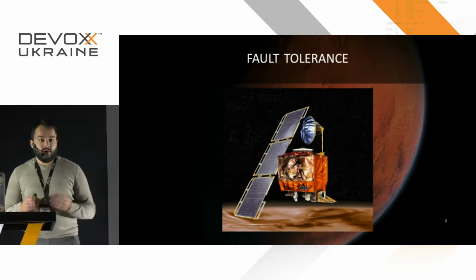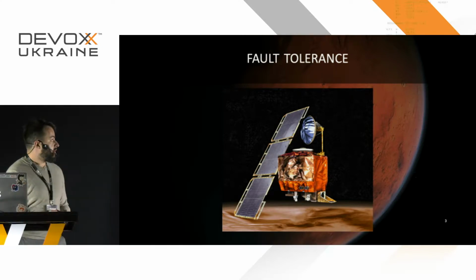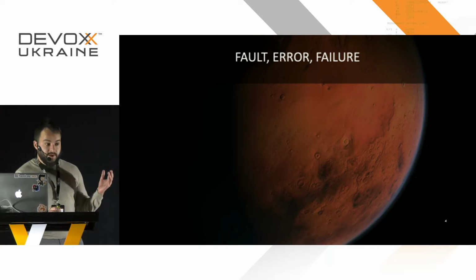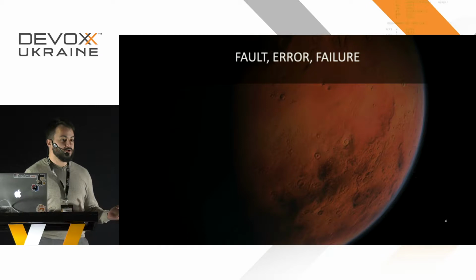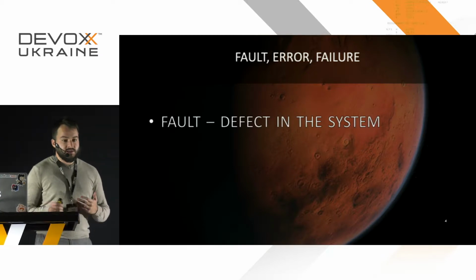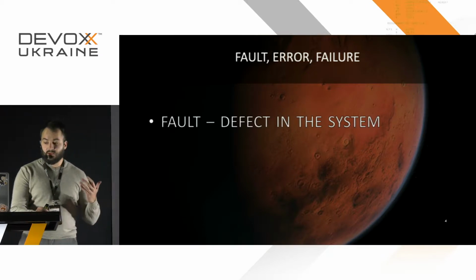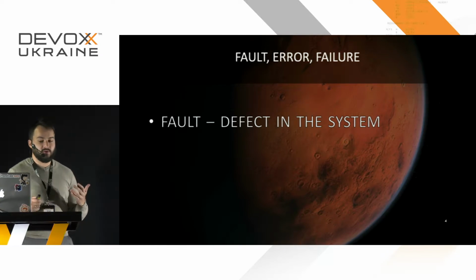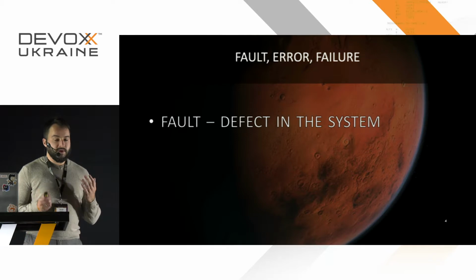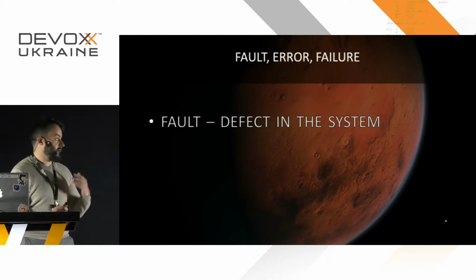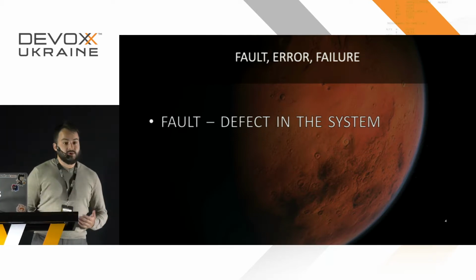When we are talking about fault tolerance, we should talk about three terms: fault, error, and failure. First is a fault. A fault is a bug in your system, some defect, an incorrect state of the system. In the case of Mars Climate Orbiter, mixing up different measurement units is a fault. A fault causes an error.